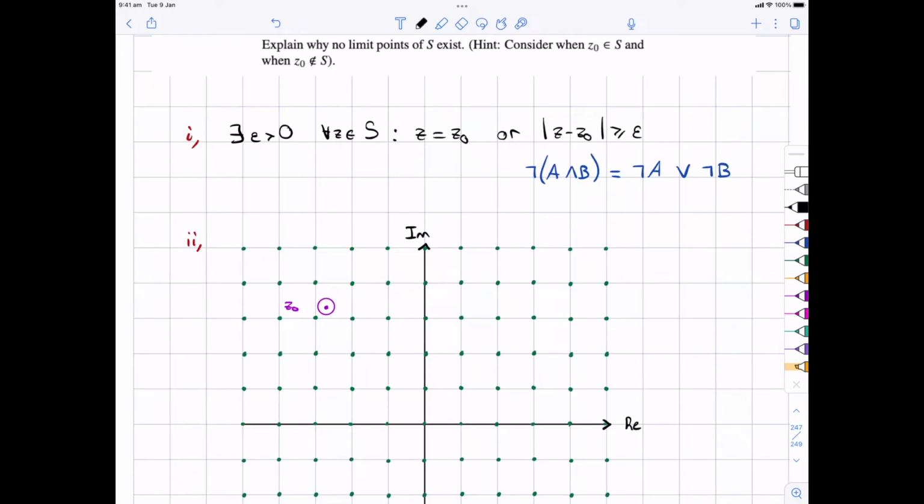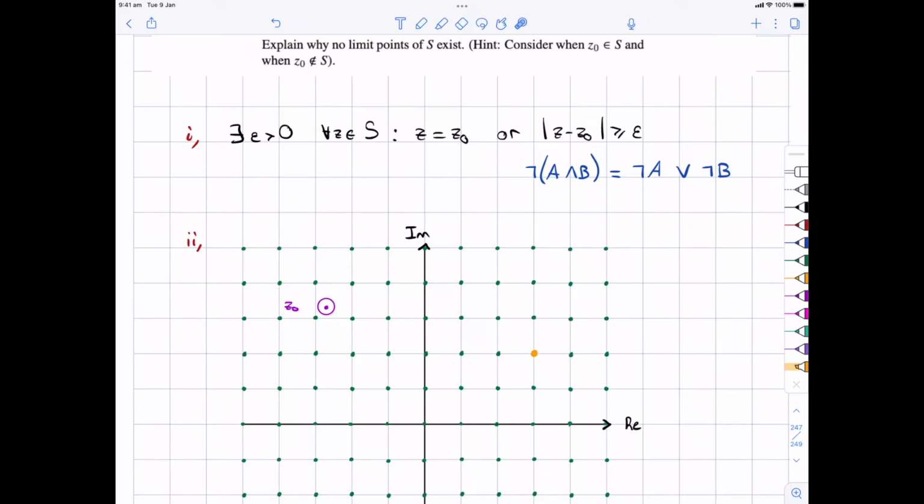Let's take, maybe this time I'll use orange, and let's say that this is where Z0 is. So Z0 is one of these lattice points. And what we need to show is, once again, this statement here, that there exists a value of epsilon such that for all of these Gaussian integers, either z is equal to z0 or the modulus of z minus z0 is greater than or equal to epsilon.